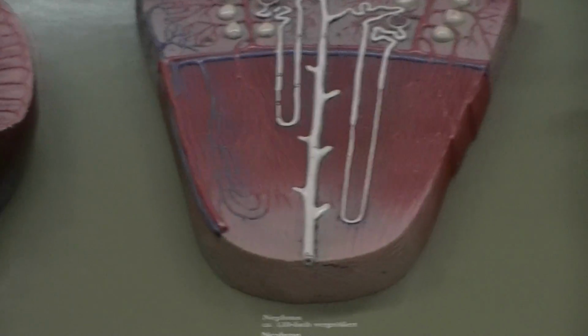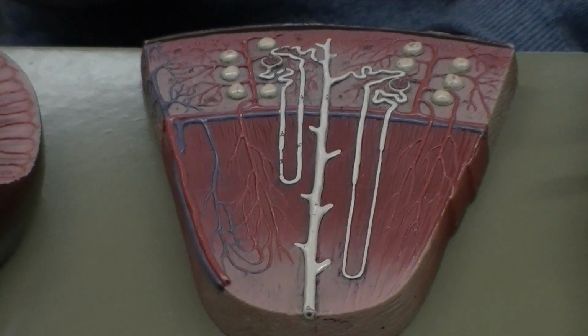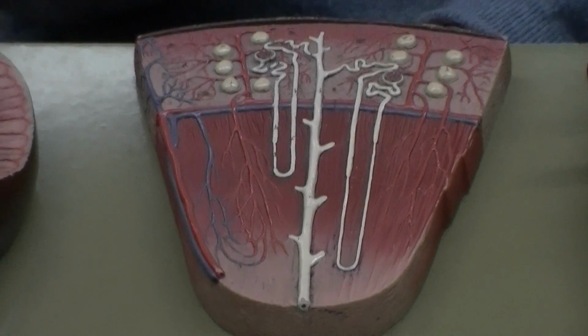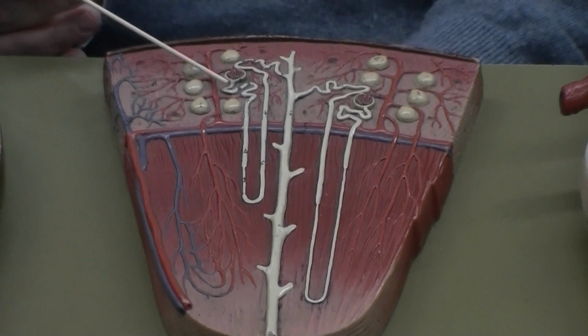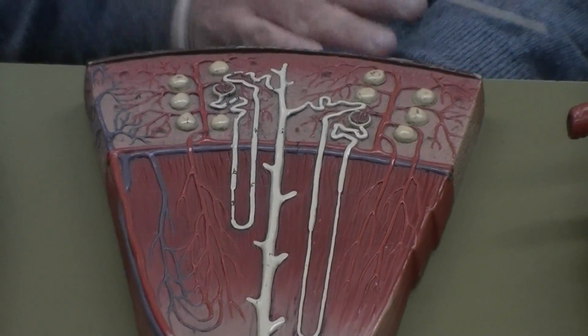Now, as far as the loop of Henle goes, I'm not going to hold you responsible for the thin limb, the thick limb, this, that, and the other thing. Just know it's the descending or ascending limb of the loop. So again, right off Bowman's capsule, proximal, closer to it, proximal convoluted tubules.